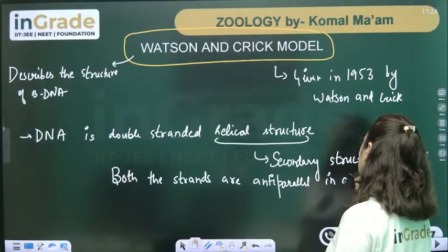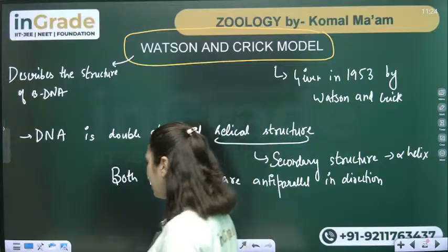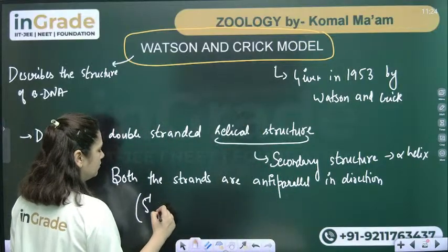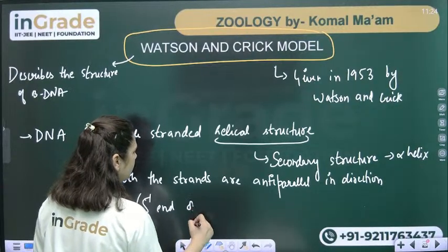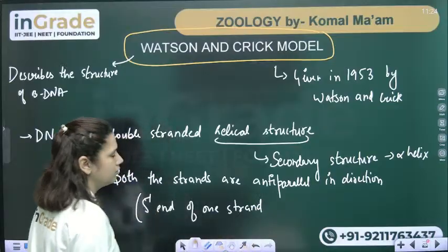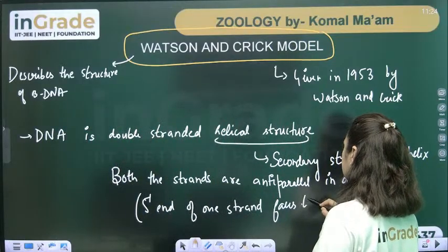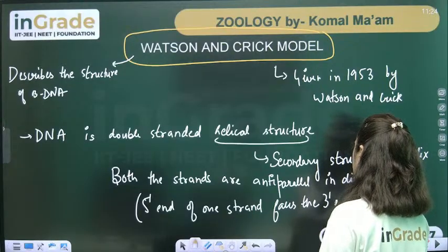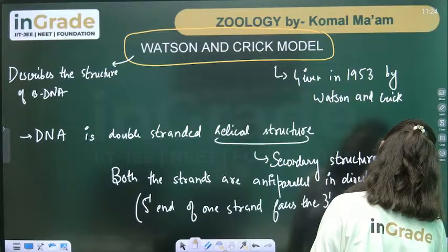What is the meaning of anti-parallel in direction? That means the 5' end of one strand faces the 3' end of the complementary strand.